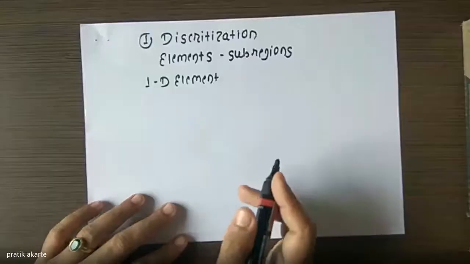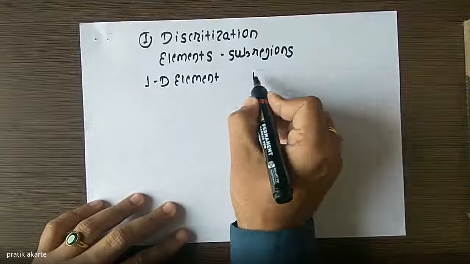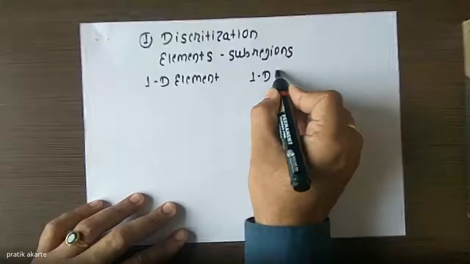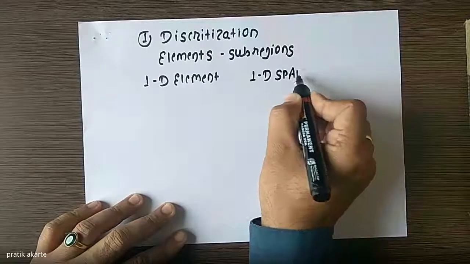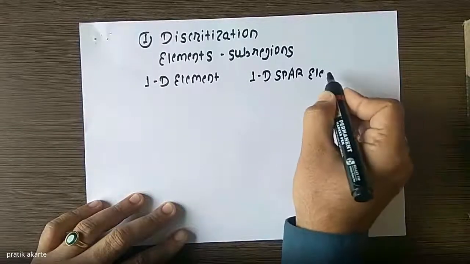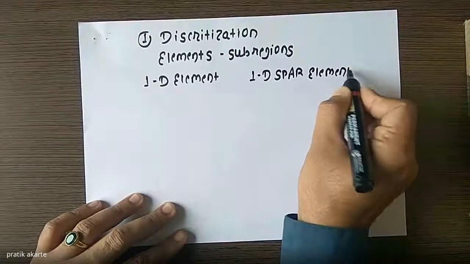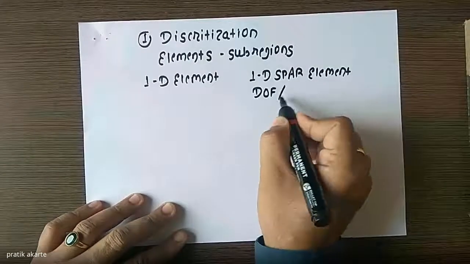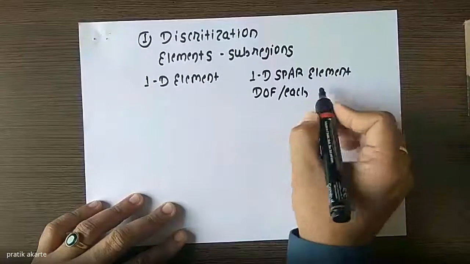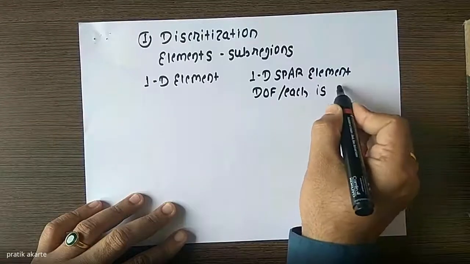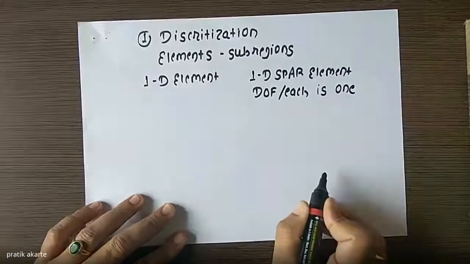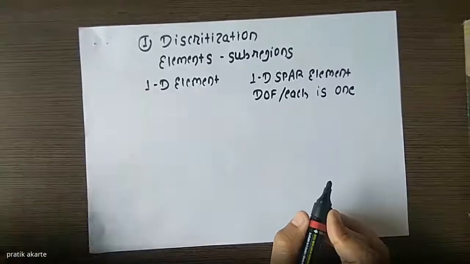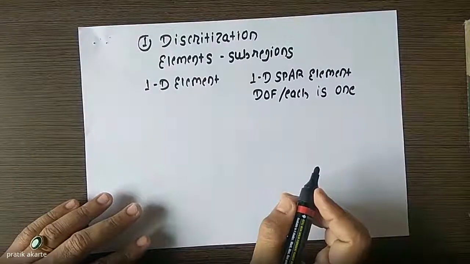These are called 1D spar elements. The example is the 1D spar element, in which the degree of freedom for each node is 1.